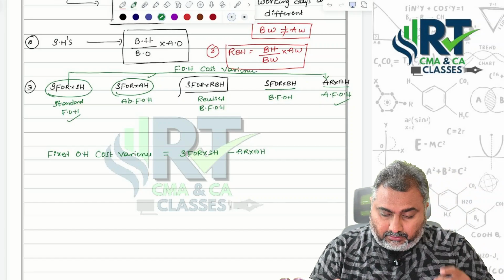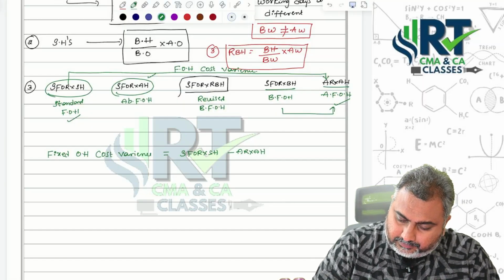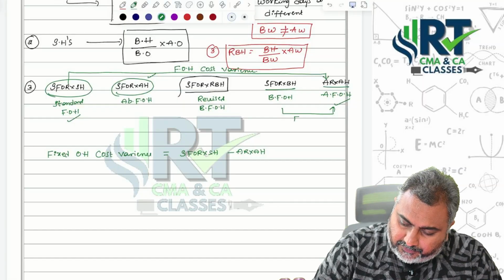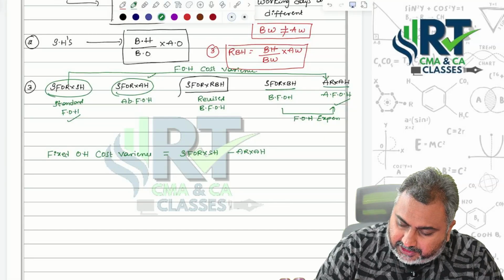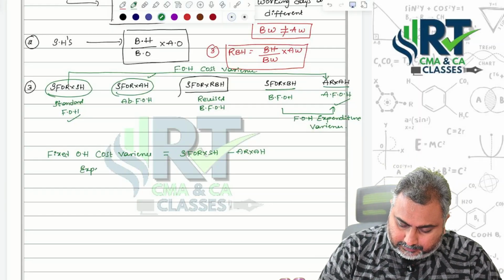Okay, this is easy to remember. This is fixed overhead expenditure variance. Why expenditure variance?